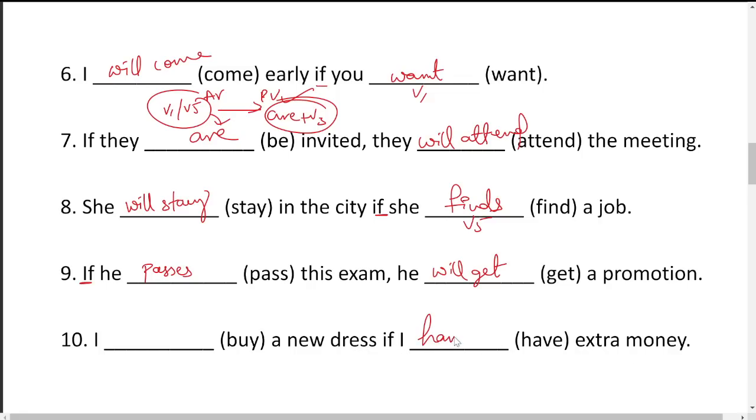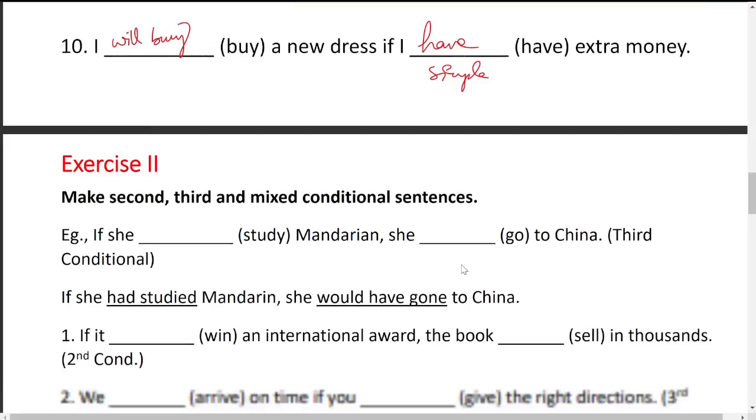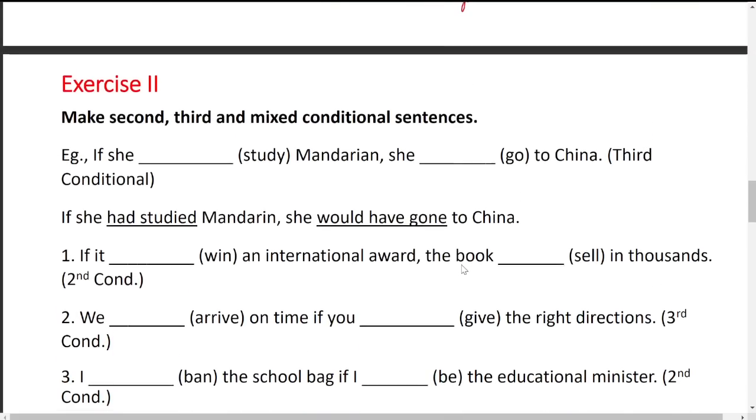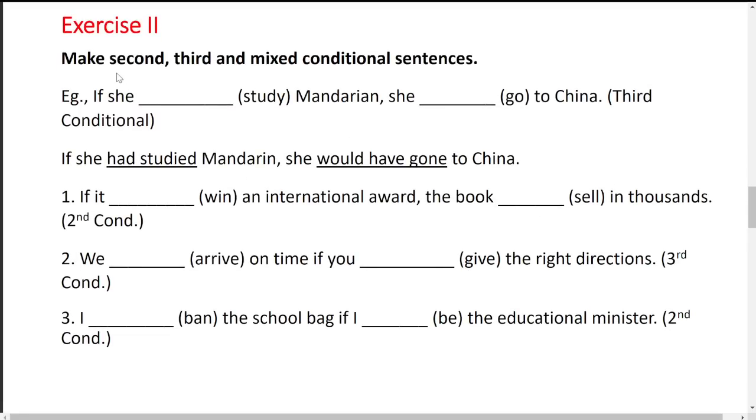If I have extra money, I will buy a new dress. Clear? So this is simple present still. We are changing it to simple future. So remember these rules very carefully. Based on the condition that they are giving there, you should change the tense.